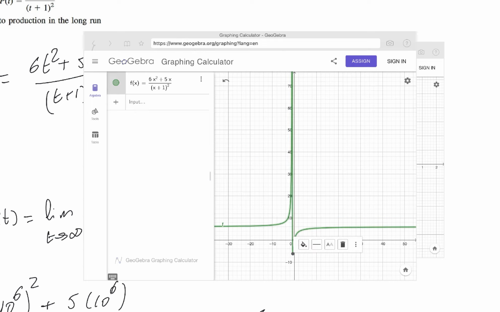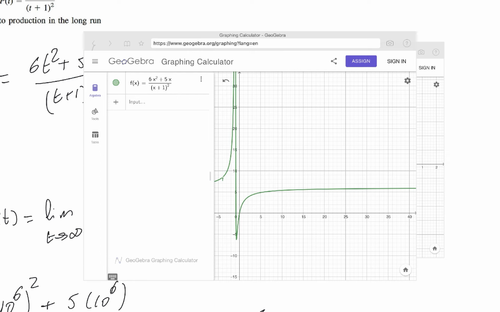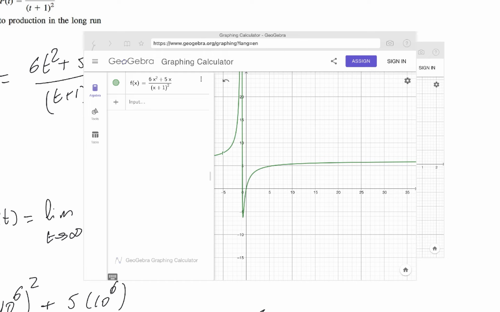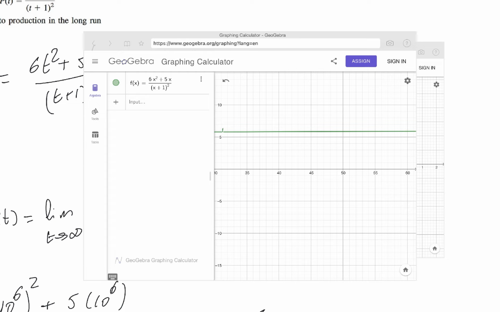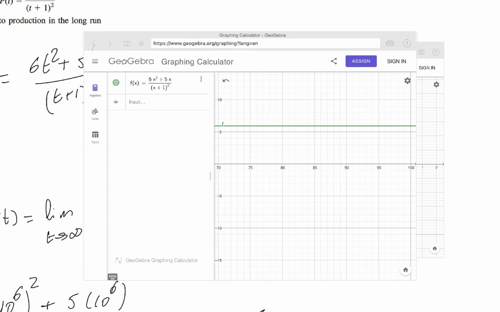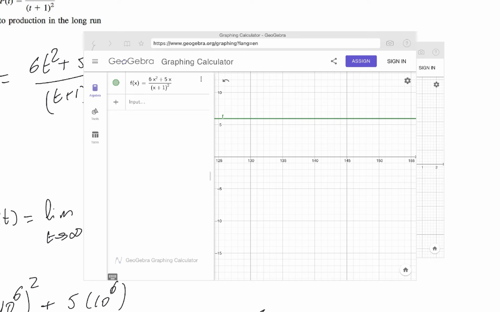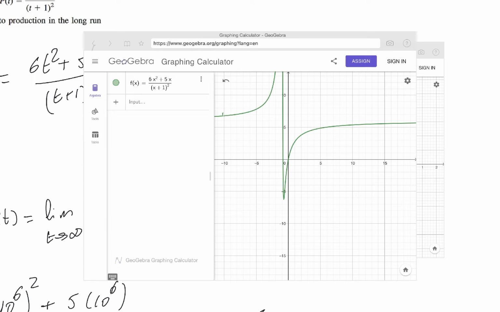You see that when x equals minus 1 it goes to infinity, but when x goes to infinity, the function approaches 6. You can go very, very far, and y equals 6 will be a horizontal line like this one.